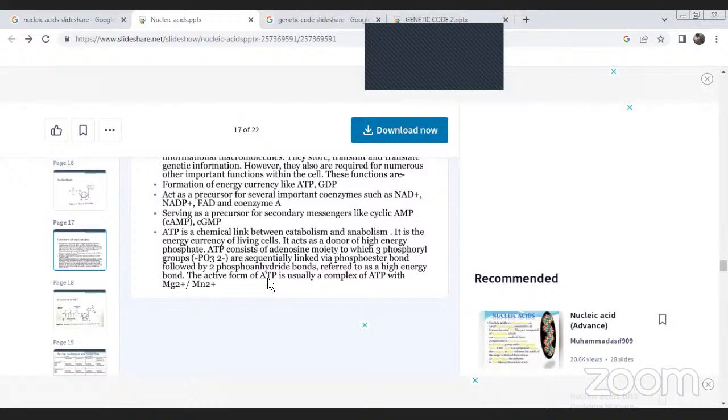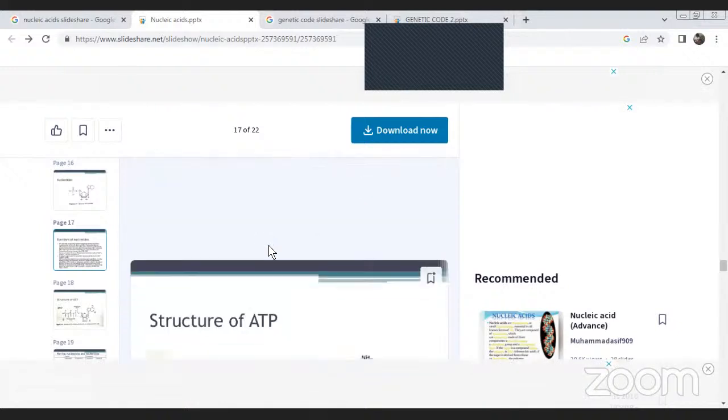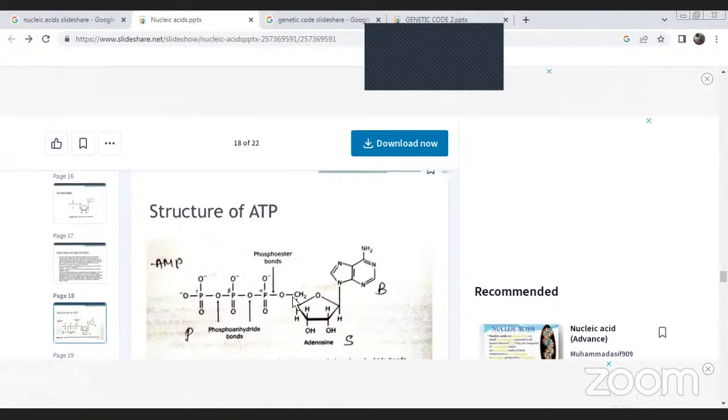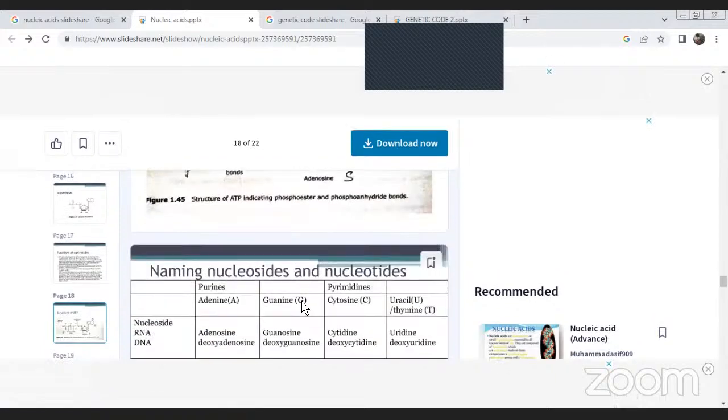The active form of ATP is usually a complex of ATP with Mg2+ and Mn2+. What is the structure of ATP? Okay, that is the structure of ATP. AMP plus a phosphate group can form ADP. So this is the structure of ATP.